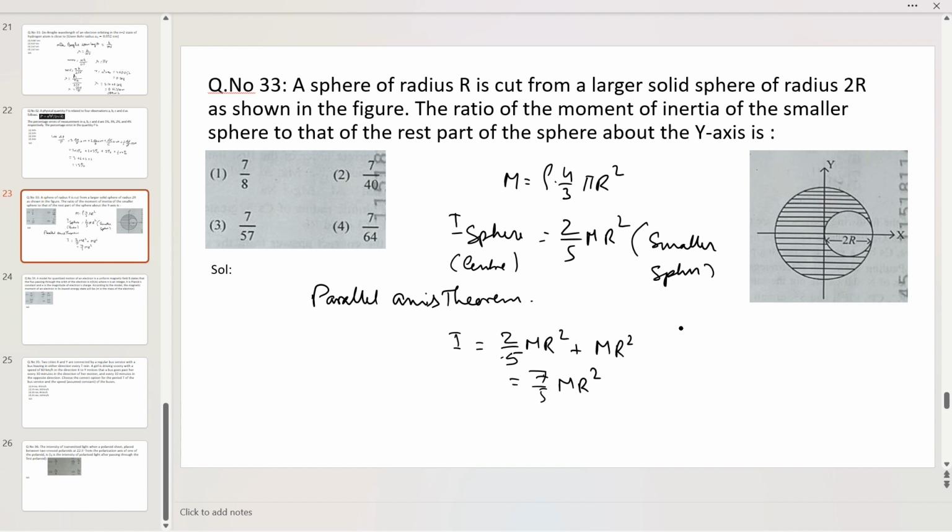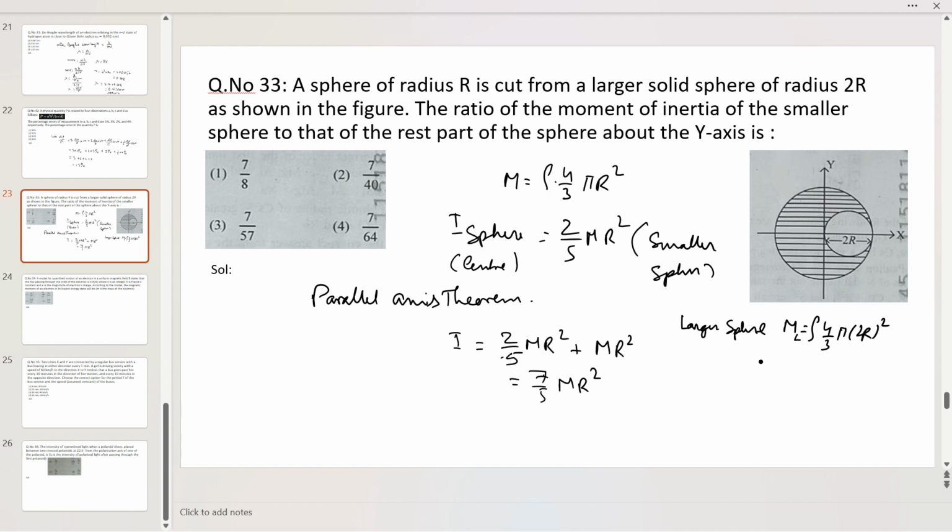Now for the larger sphere, your mass will be m equal to rho 4 by 3 pi 2r the whole cube.